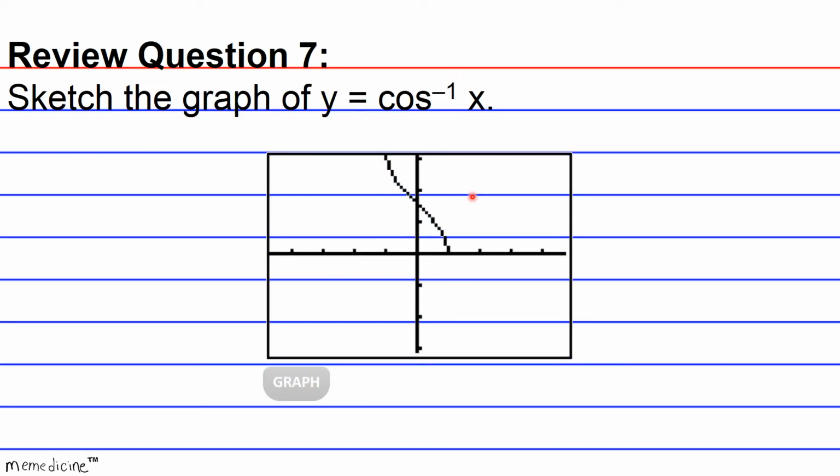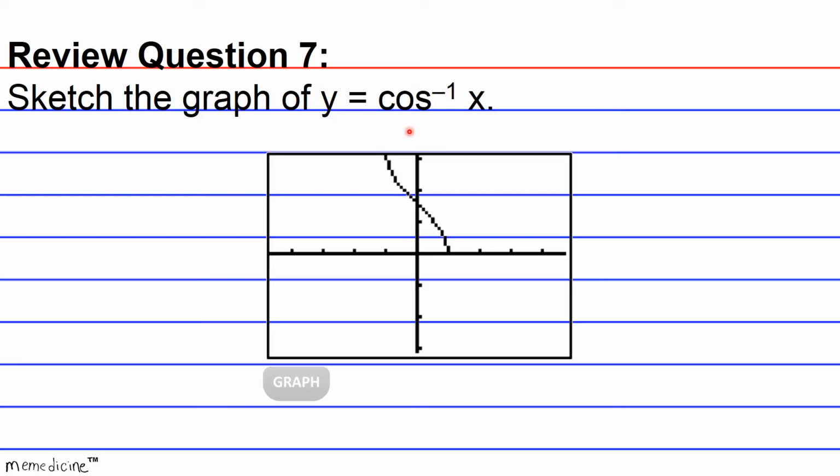By hitting the graph button, this screen will pop up with a graph of the function you just entered in your y equals window. But a better viewing setting for inverse trigonometric functions is ZoomDecimal. Note I said inverse, not reciprocal. Reciprocal is like cosecant, which is the reciprocal of sine, or secant, which is the reciprocal of cosine.